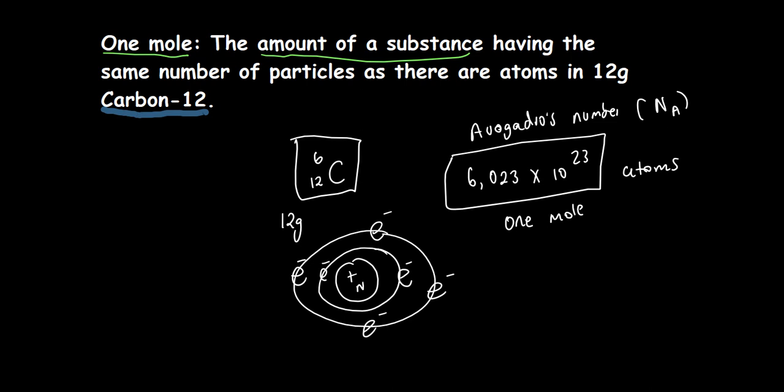So 1 mole of anything just means that number, okay? Hence we say it's a name that represents a number. If I have 2 moles of something, I must multiply this by 2. If I have 3 moles, I must multiply this by 3, so that I get how many of that thing we have.